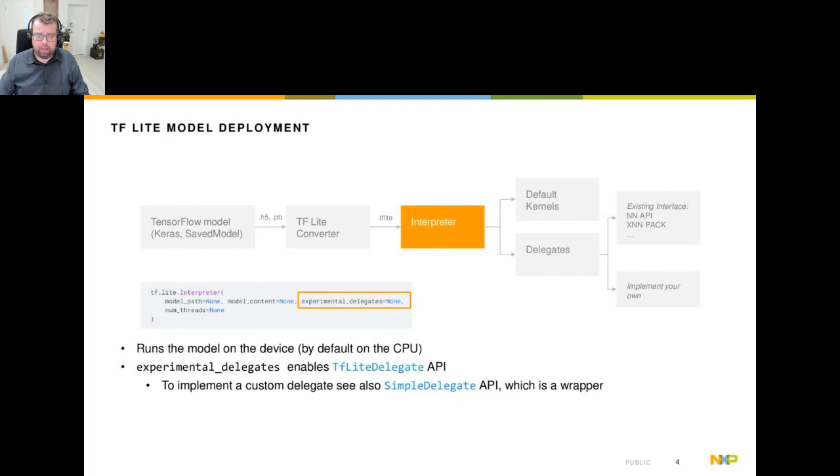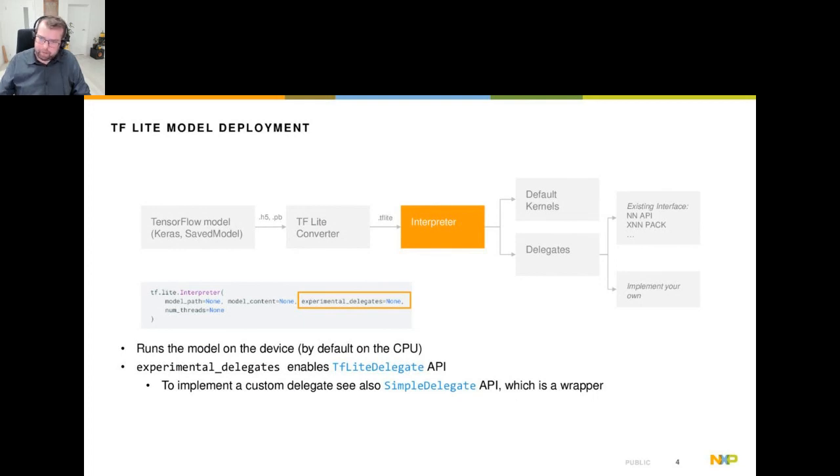There is the API which handles TensorFlow Lite Delegates. And there is also the simple delegate API, which is a wrapper around TensorFlow Lite Delegate. It basically just simplifies the implementation and handles some of the things that you don't have to.